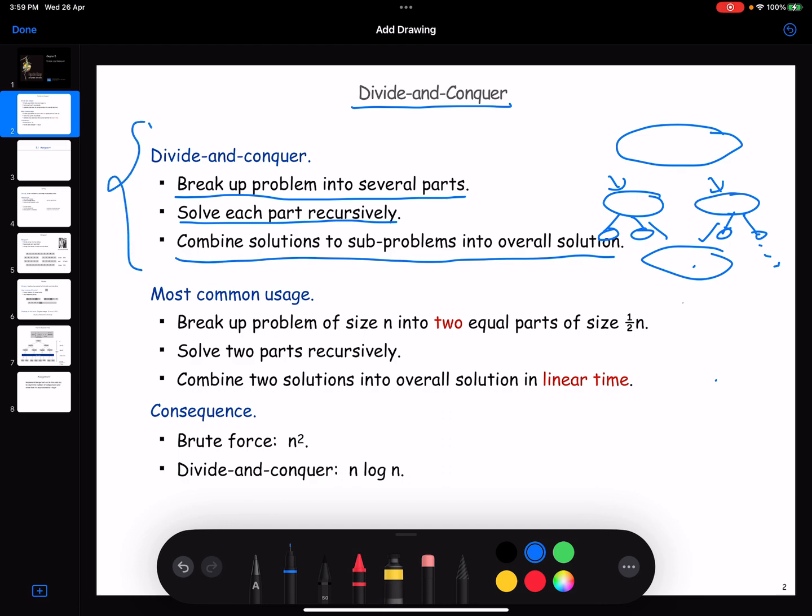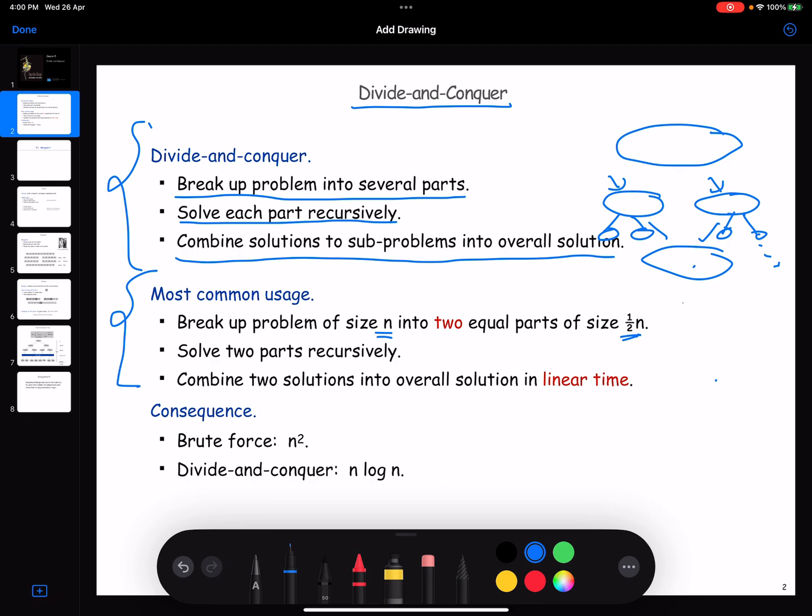I think we talked about this in Chapter 1, merge sort, and we will talk about it again in this chapter. The most common use of divide and conquer is that we break up a problem of size n into two equal parts of size n over 2.